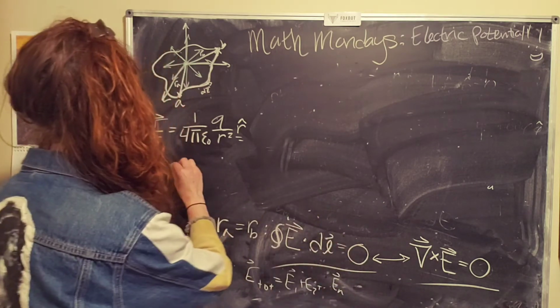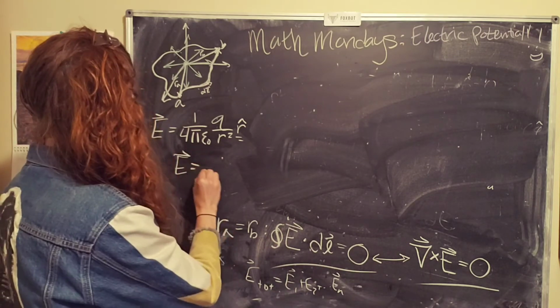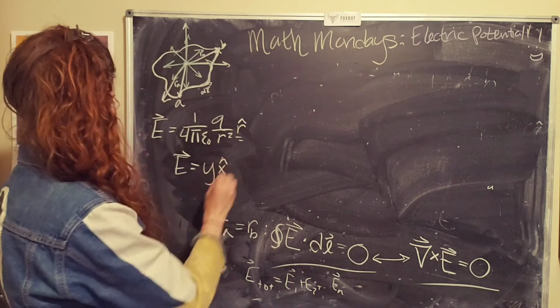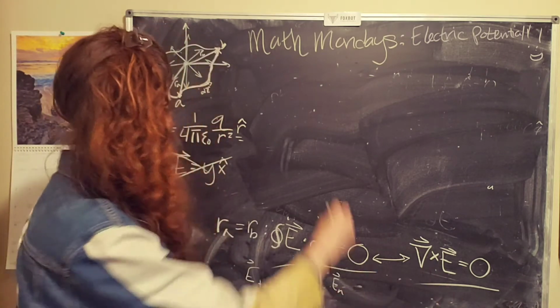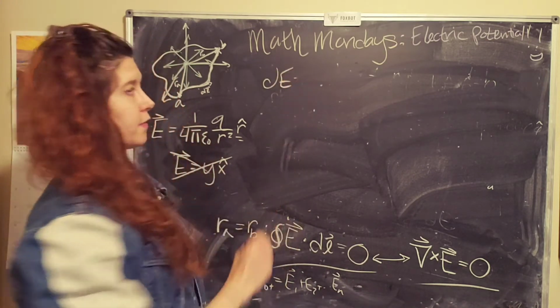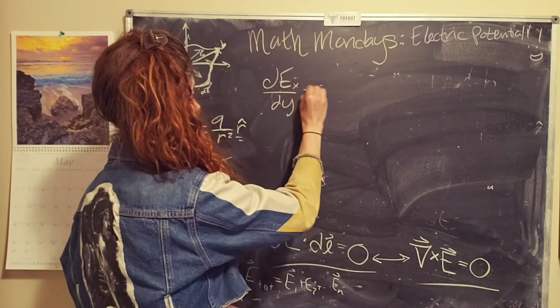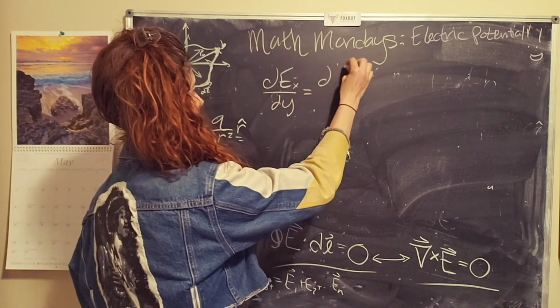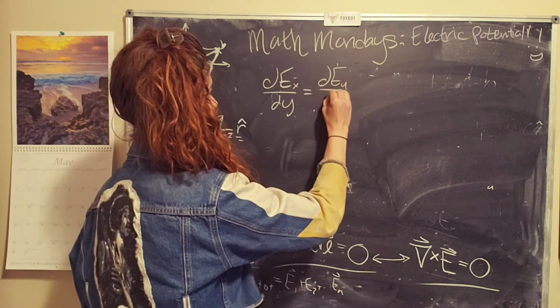For example, we could never have an electric field that was, say, y x hat. That doesn't work, because for this to hold true, the partials of the electric field components must be equal to each other. I'm just going to do one component, but it's true for all of them.